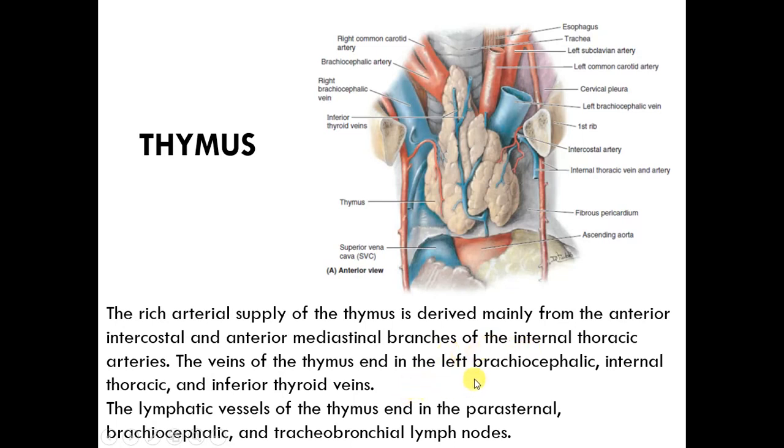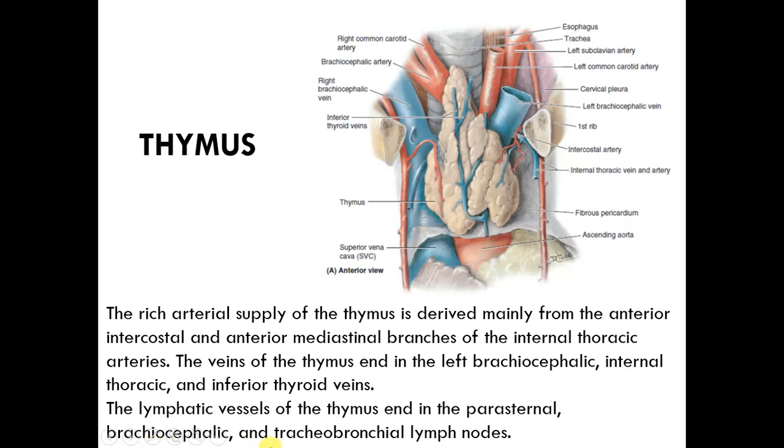The veins drain to the left brachiocephalic vein, internal thoracic and inferior thyroid veins. The veins of the thymus also drain into inferior thyroid veins. So that can come as an MCQ.